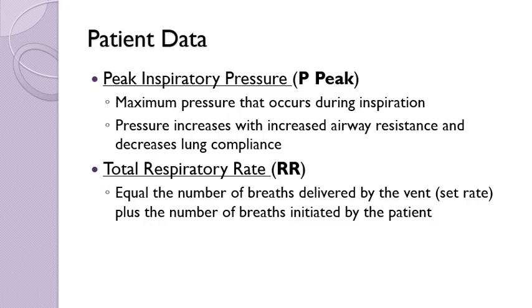What it's telling us is the compliance of the lungs and how much resistance is in that airway. And remember, in ARDS, the lungs become stiff, so what we see is increasing P-peak. An increased P-peak could be the first sign of ARDS that you see. Okay, you got to think about that one.